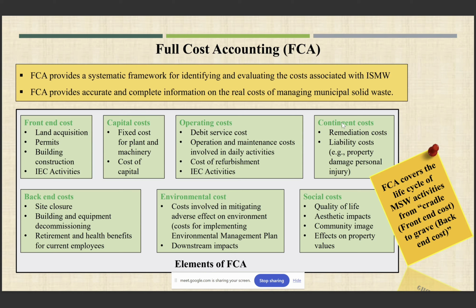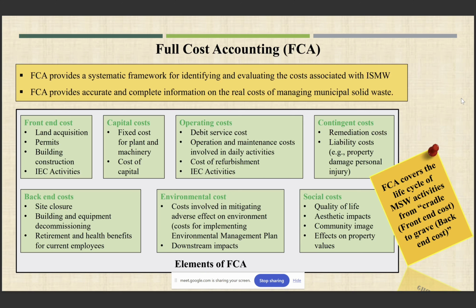Next is the capital cost. This is the fixed cost for plant and machinery. Whatever equipment will be required comes under the capital cost. Next is the operating cost. It involves the costs associated with the daily activities in the plant. Next is the contingent cost, which involves the remediation cost.